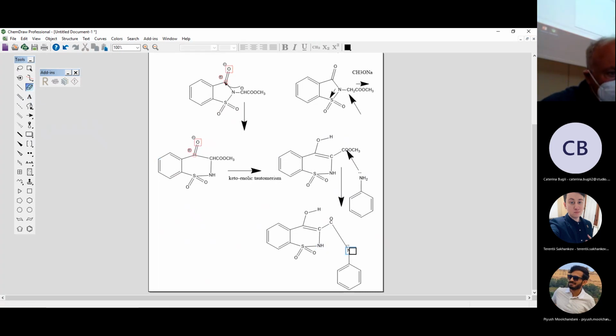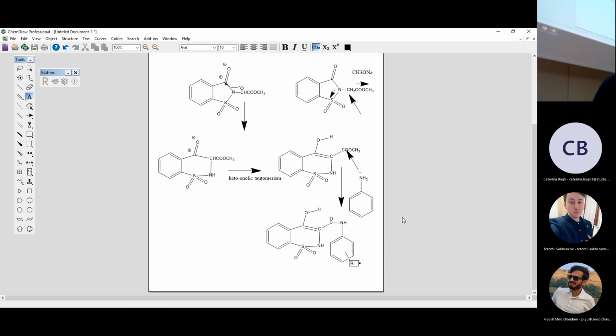So on this ring you can put different substituents in order to have the different oxicams of this class.